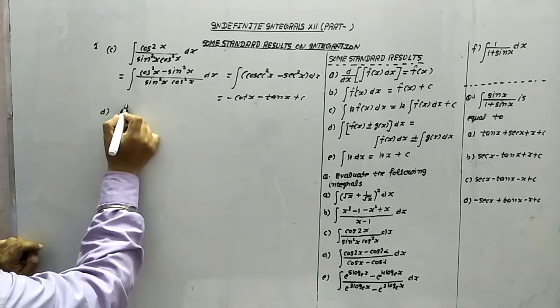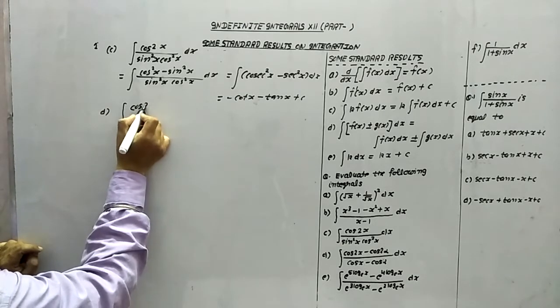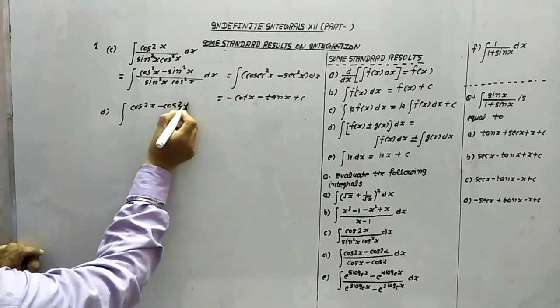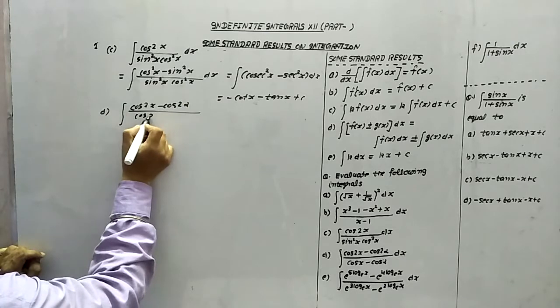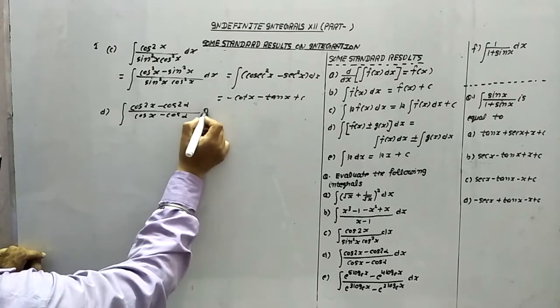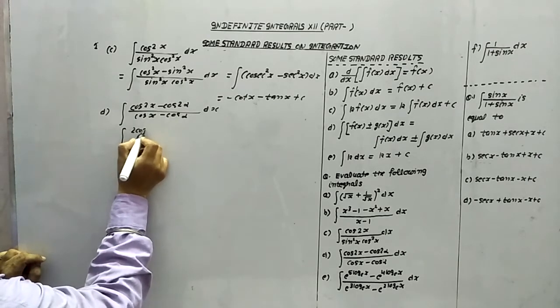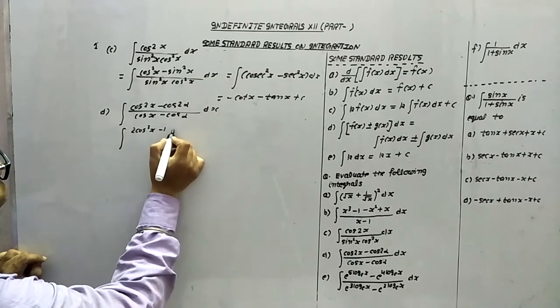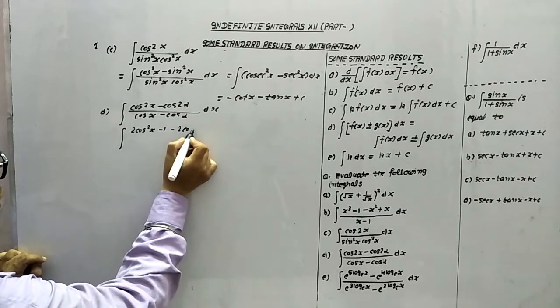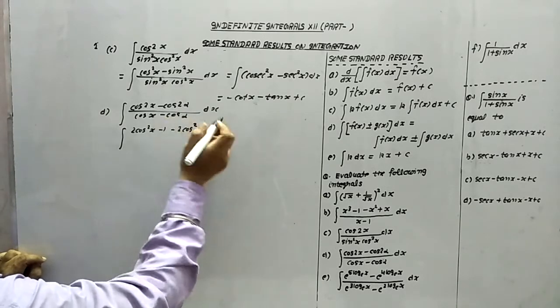Now look at part D. We have the integration of cos 2x minus cos 2 alpha upon cos x minus cos alpha. First of all, we will open this identity. Cos 2x means 2 cos square x minus 1. Cos 2 alpha means 2 cos square alpha minus 1.